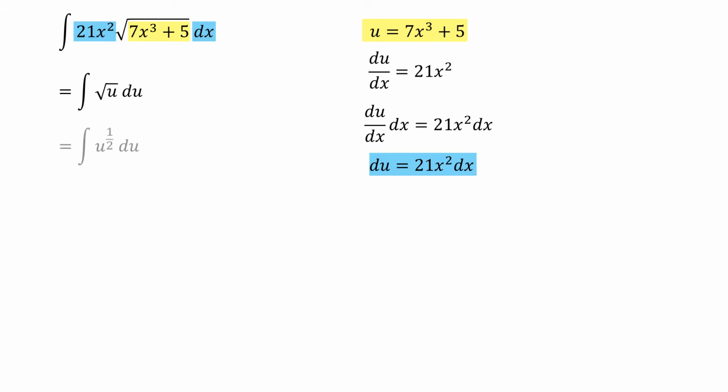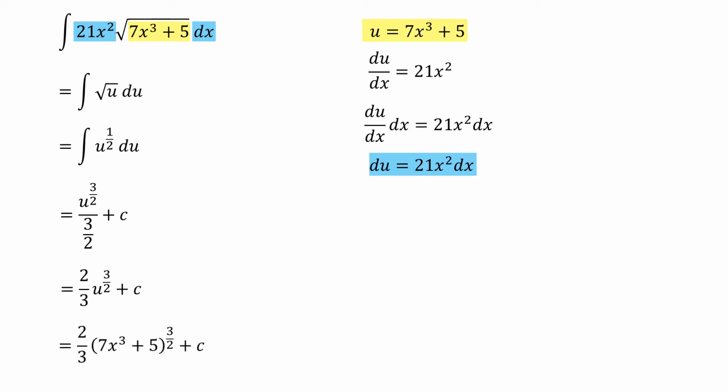Well, before I integrate, I got to remember that square root really means 1/2 power. So when I do integrate, add 1 to the exponent, divide by the new exponent. I never really want to divide by a fraction, so I multiply by the reciprocal. And now for my back substitution, U is replaced with 7x to the third plus 5.